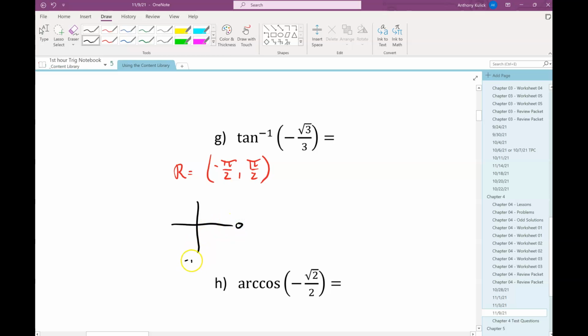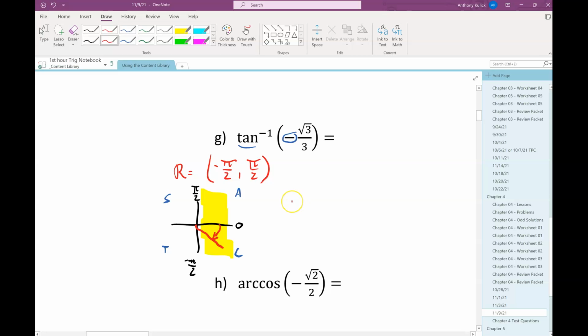If it's negative, I'm going to be going clockwise down to pi over 2. But if it's positive, I'll be going counterclockwise up to pi over 2. So we're really talking about quadrants 1 or 4. If we do all silly turtles crawl, I see that tangent is negative in quadrant 4. So we're talking about that angle there.